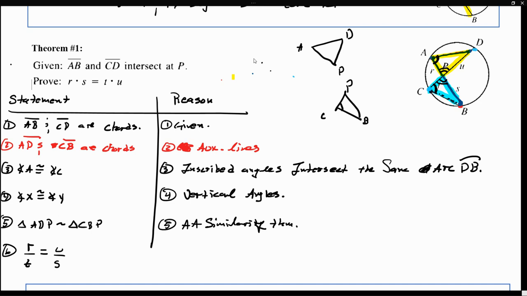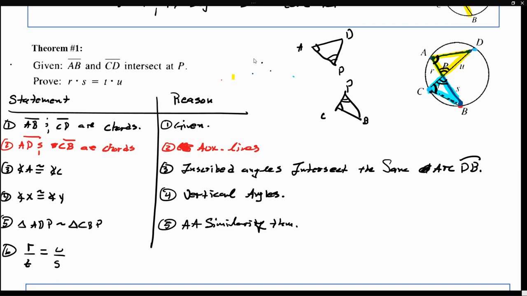We got that this angle is congruent to this angle is congruent to this angle. So now notice that AP, which is exactly R, corresponds to PC because they're both opposite the angle that we didn't show congruency of. And the same idea can be said about PB. So PB corresponds to PD as well because they're both in front of the angle that we just marked with one mark.